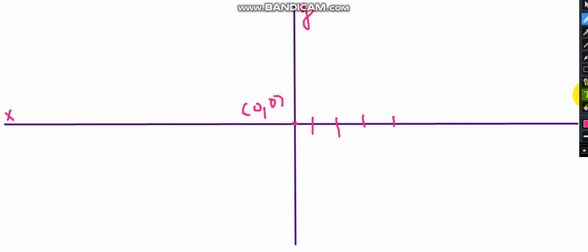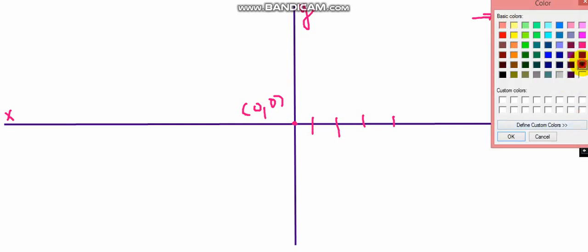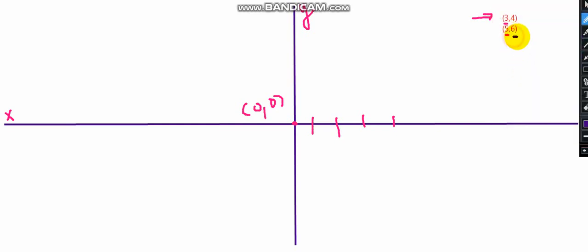Now, what happens if you see something like 3, 4, or 5, 6? What do these things mean? Well, these are what we call coordinates. The first number is always the x coordinate, and the second number is always the y coordinate.